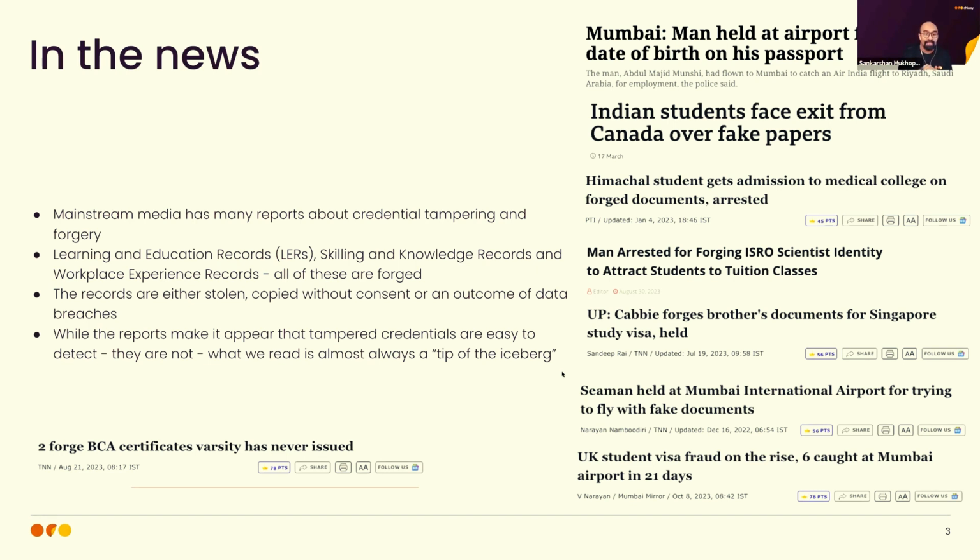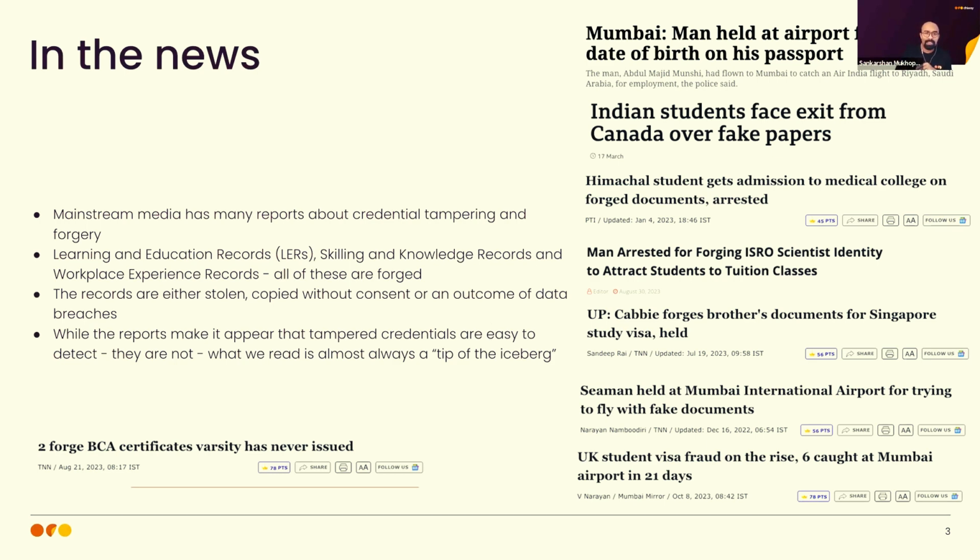So one of the things we have to keep in mind is that our traditional process of having printed records has created systems that allow records to be copied without consent, because the storage and safekeeping of records is not very systematic or very secure. They're sometimes the outcome of data breaches, and sometimes they're plainly stolen in transit or other places.